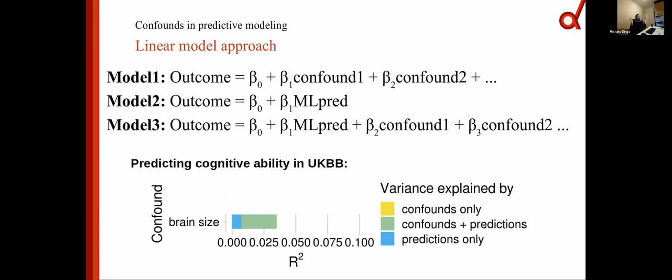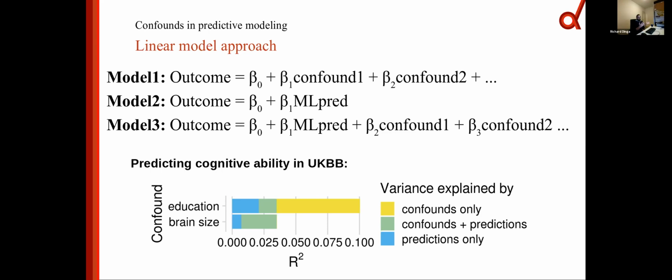The most of what I can say is explained by the brain size, but a little bit is also independent of the brain size. And I can do this, for example, on education. Here I see that education by itself explains much more variance than my fancy machine learning model, but there is still an independent portion of variance that I can predict in the IQ using my machine learning model.